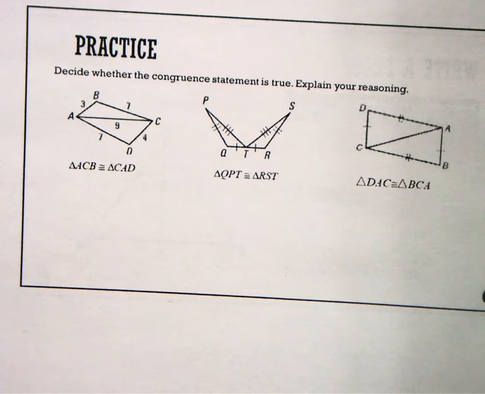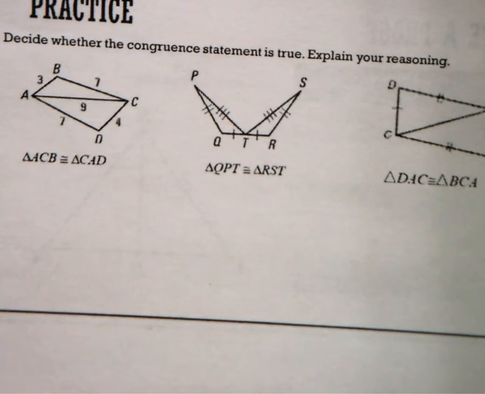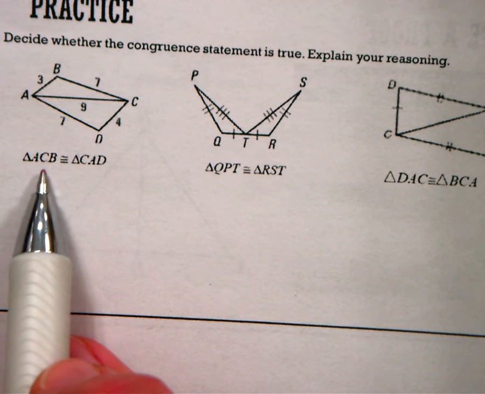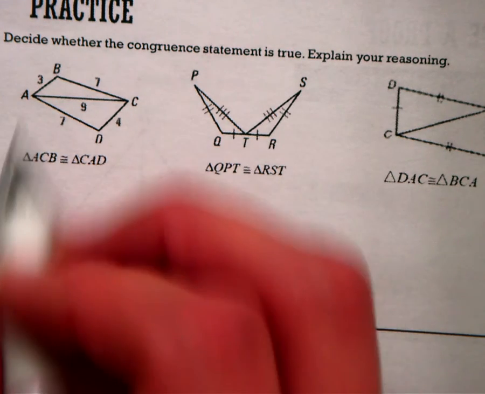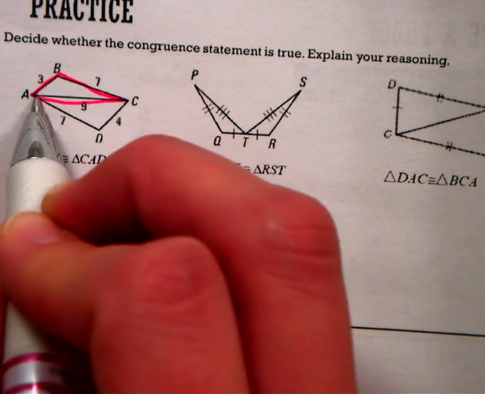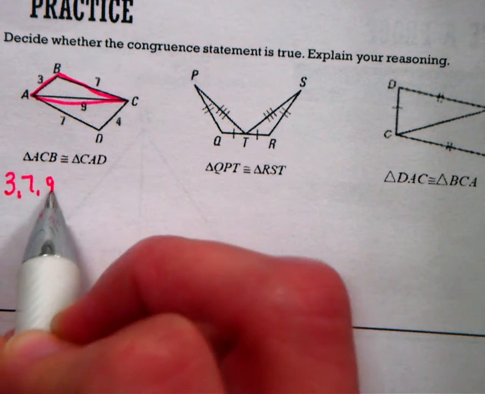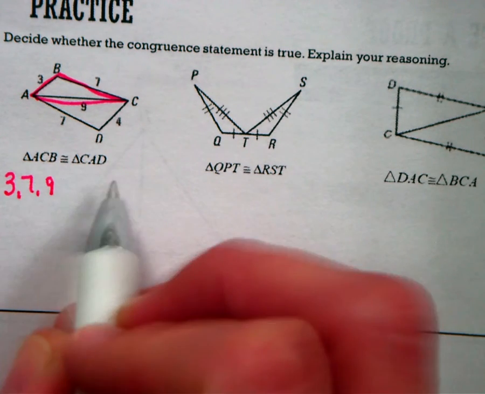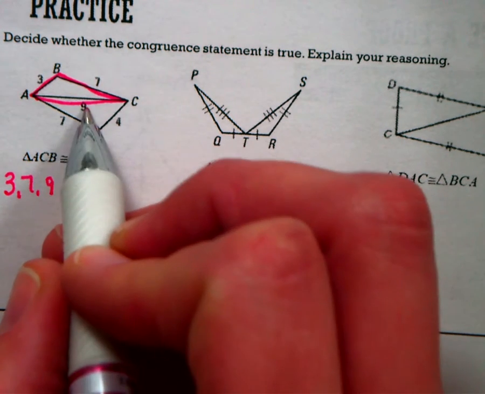So my first set of pictures here shows triangle ACB and triangle CAD. The side lengths of the triangles are 3, 7, and 9. So my side lengths here are 3, 7, and 9. Is that equal to the side lengths of the other triangle, which are 4, 7, and 9?